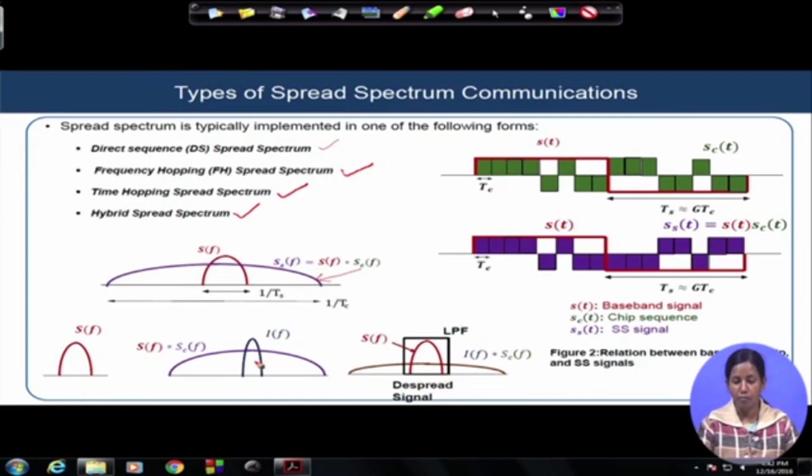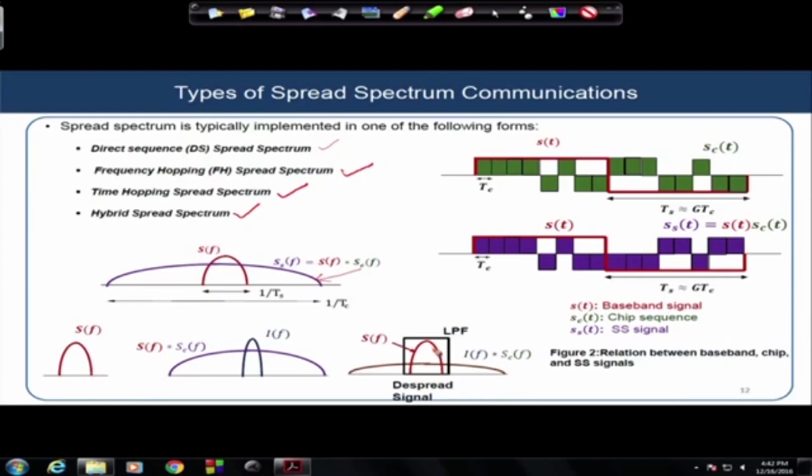But what happens with I(f) is that Sc(t) also gets multiplied with it. Once that multiplication happens, this signal is spread over a very wide bandwidth. So if you compare the signal power after demodulation in the receiver, the signal power is much enhanced compared to the interfering power.